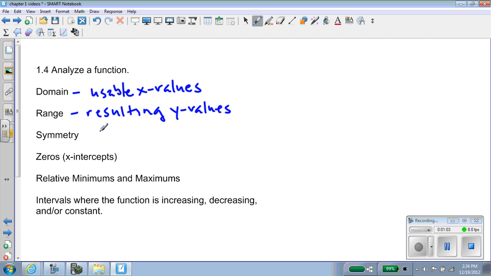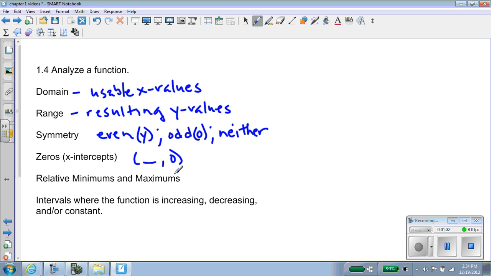Symmetry we will define as even or odd. Because these are functions, they may have no symmetry at all, so even, odd, or neither. Even symmetry means with respect to the y-axis. Odd symmetry means with respect to the origin. Zeros, x-intercepts, right? So something equals 0.